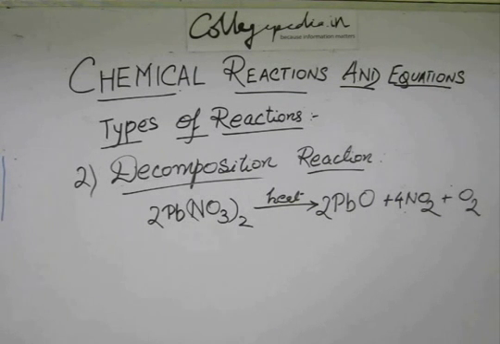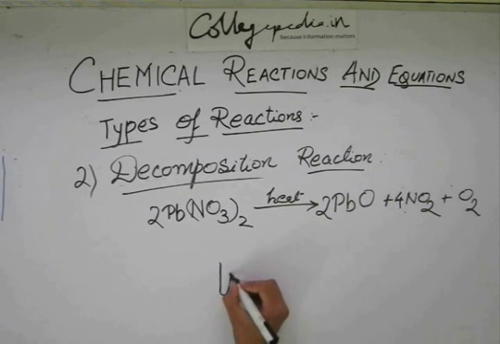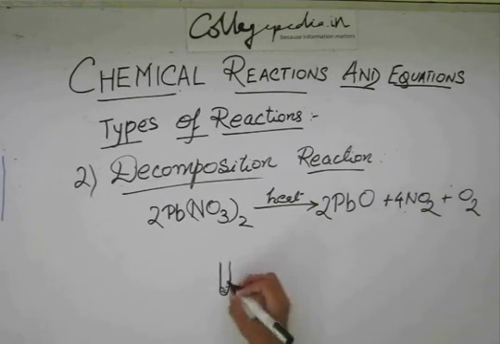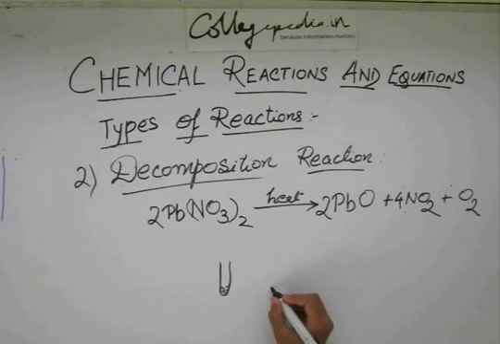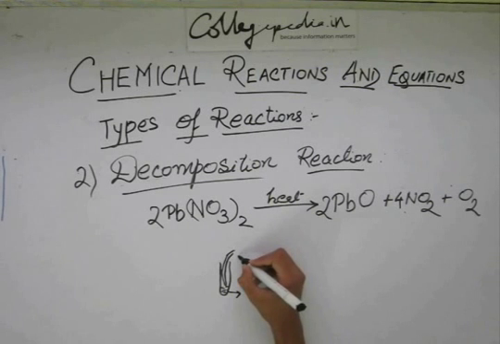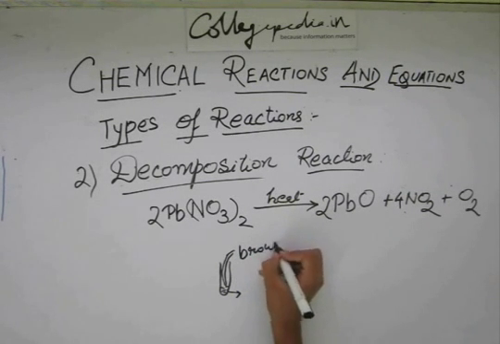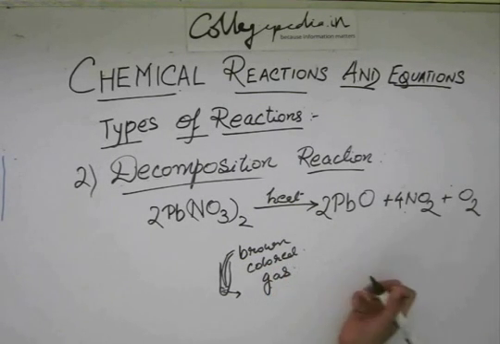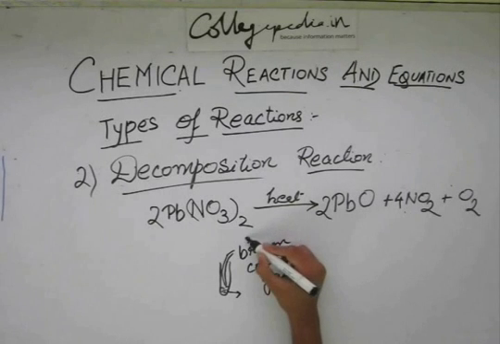So the thing is that they'll tell you that we took lead nitrate in a test tube, and when we heated it, it gave a residue and it evolved a brown colored gas, reddish brown.